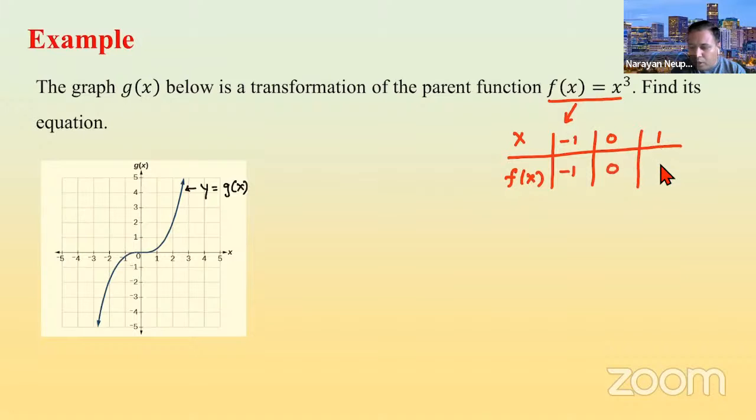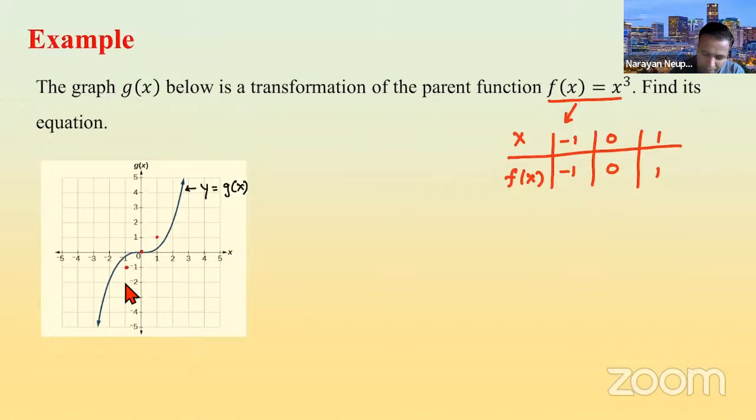And then 1 cubed will be 1. Let me show you by plotting those points. 0, 0 will be at the origin right here. 1, 1 will be here. And then -1, -1 is right there.